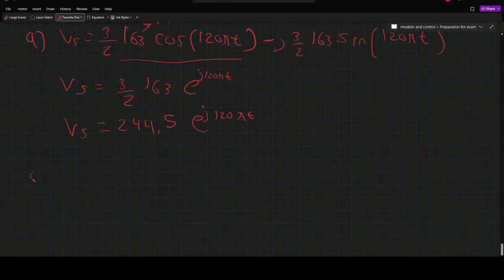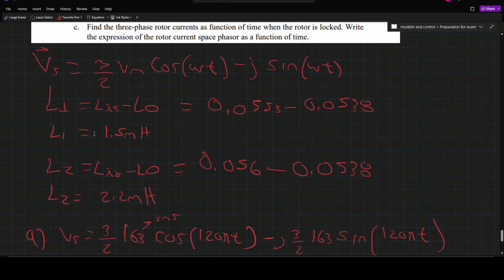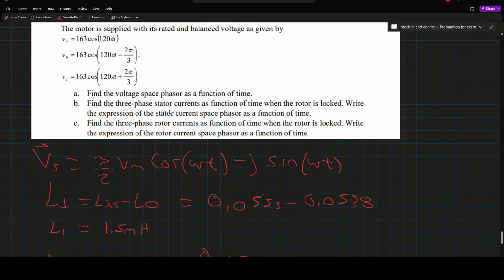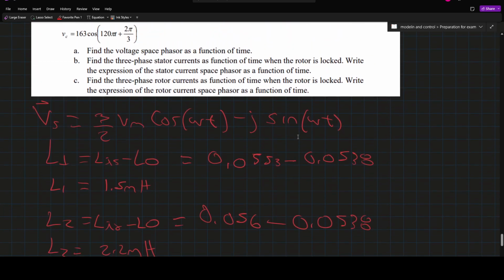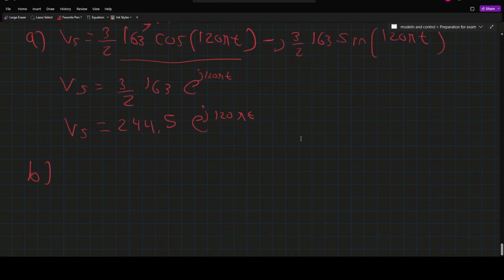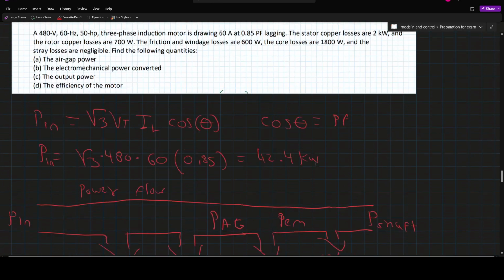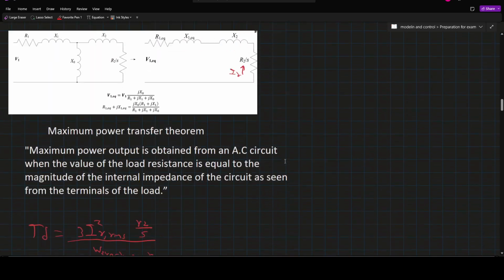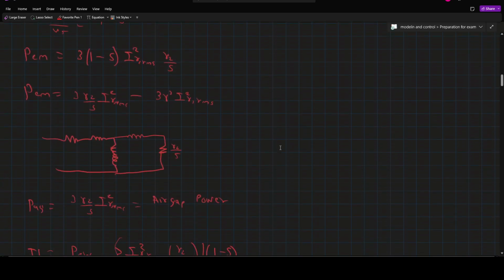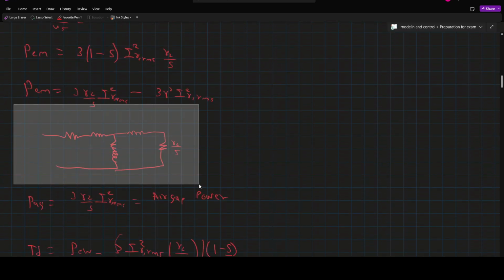Now we are going to do B. They are asking us to find the three-phase stator currents as a function of time when the rotor is locked. Okay, so when we did our squirrel cage model, let's take this one.